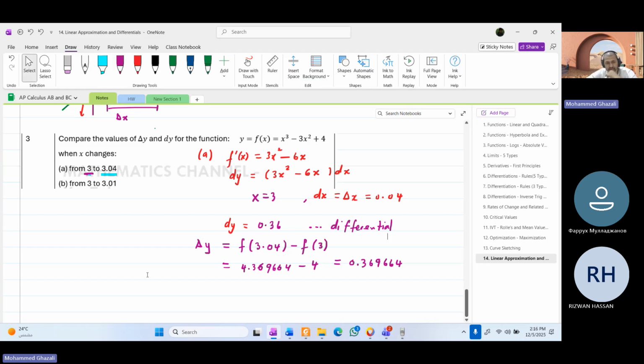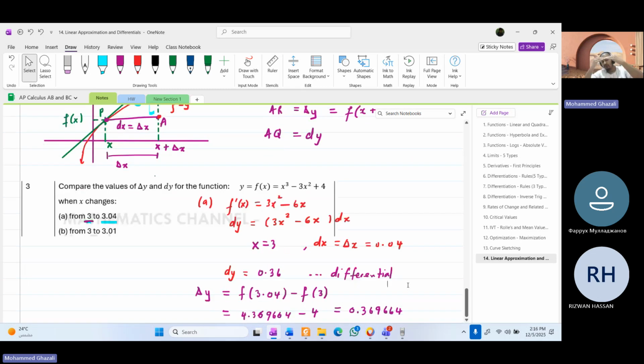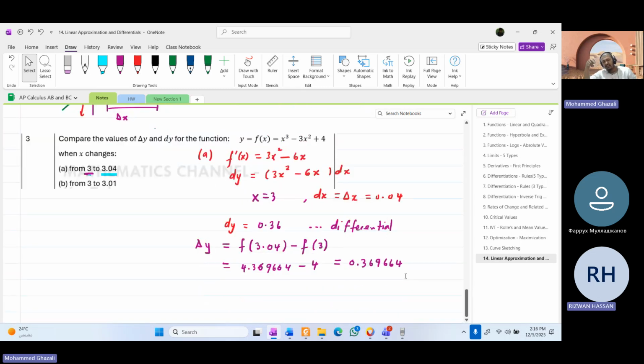If a particle moved from here to there, horizontally it moved 0.04 units. Vertically, it moved what? The actual is 0.369664. You see, the differential and the actual are very close to each other. That's the whole idea of linear approximation and differential. You don't want to have a very large difference.